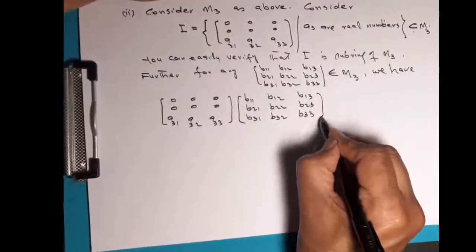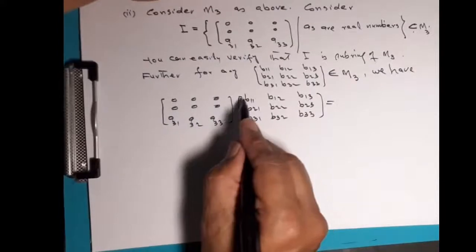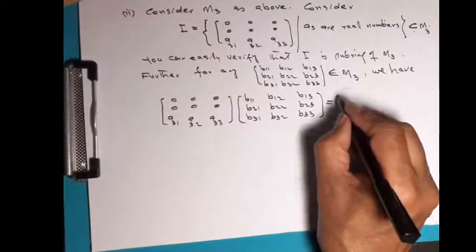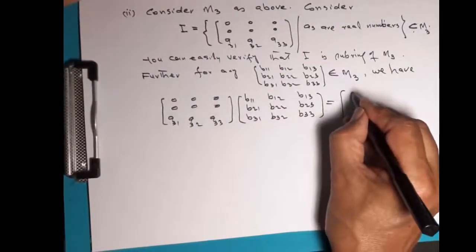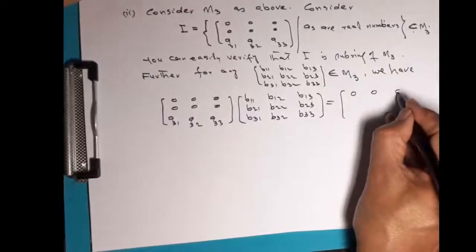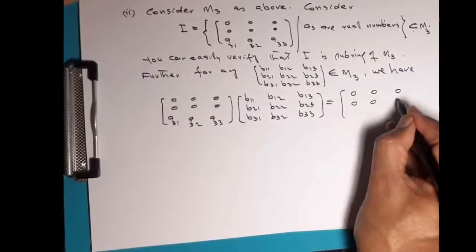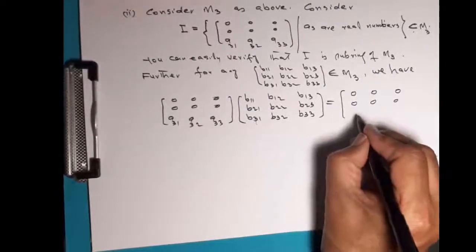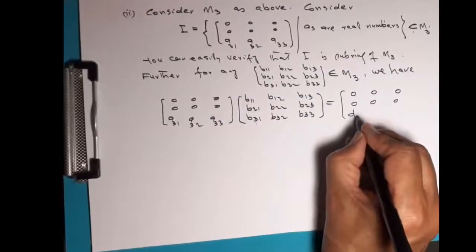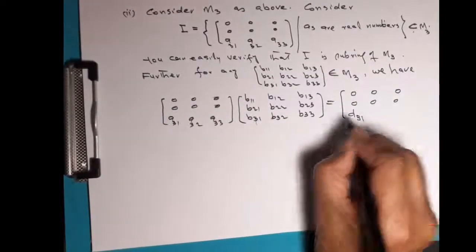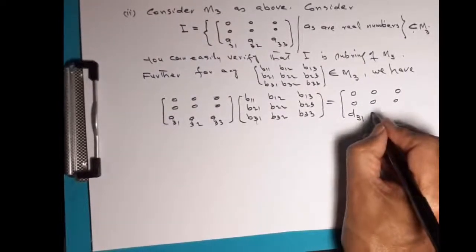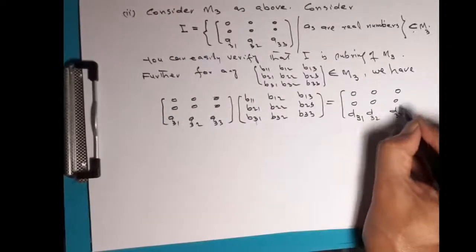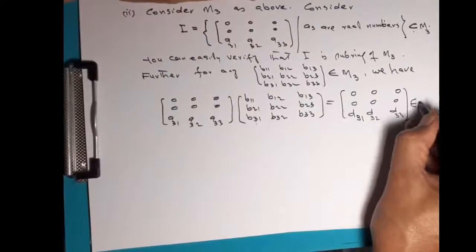You can easily see that when we multiply this row with this column, we will get 0, and then the second row similarly. Our result will have the first two rows 0. You can check it on your own. And when we multiply the third row with the columns and write at the third place, this will be a non-zero element. Let's write it as D31, D32 and D33, and this particular element belongs to I.